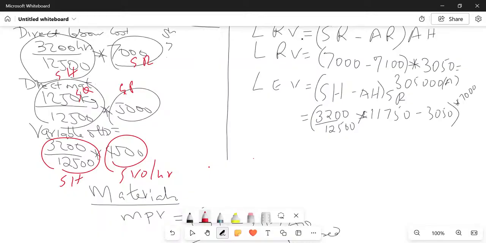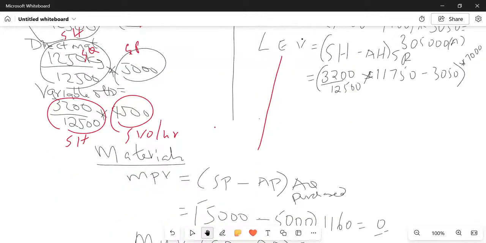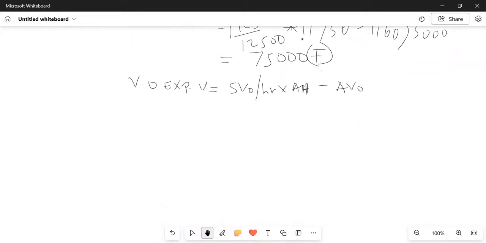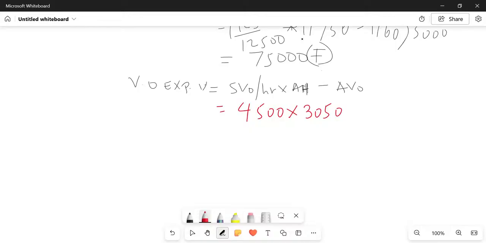Okay. So that 4,500 is correct? It is correct. So I come here. That is the good thing you do, and I repeat. You hold it properly. So standard variable overheads per hour is 4,500. Do we have actual hours? From the actual information, 3,050. You know here there is nothing missing, nothing you are asked to look for, isn't it? 3,050.